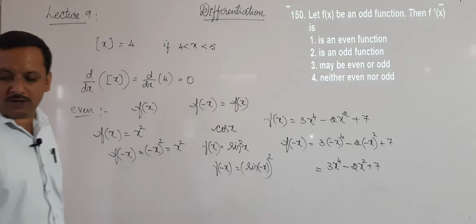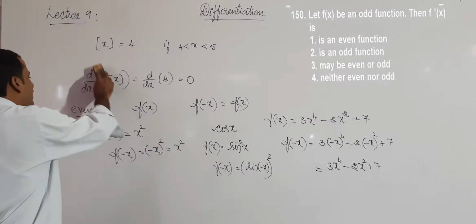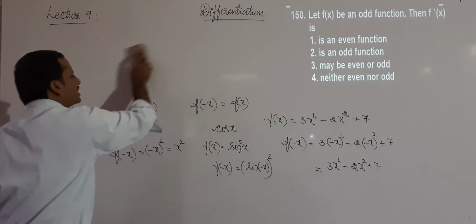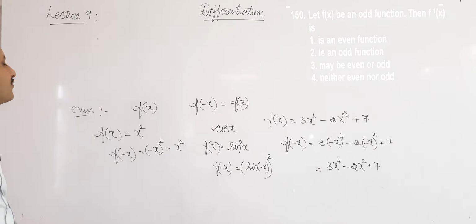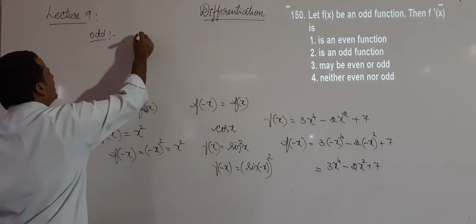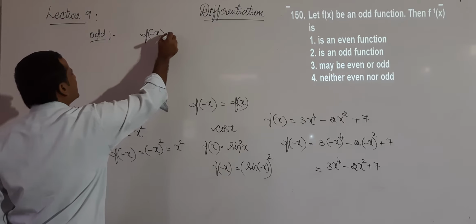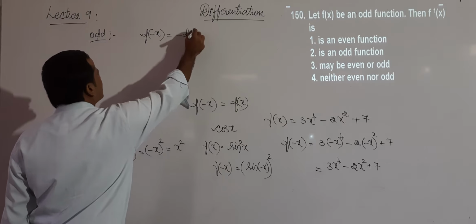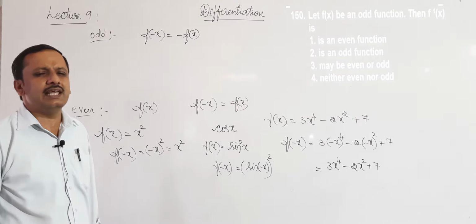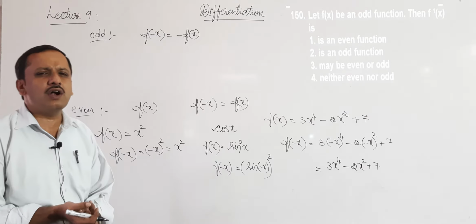Now I will explain what is an odd function. A function f of x is said to be an odd function if f of minus x is equal to minus f of x. If f of minus x is equal to minus f of x, then we say that f of x is an odd function.